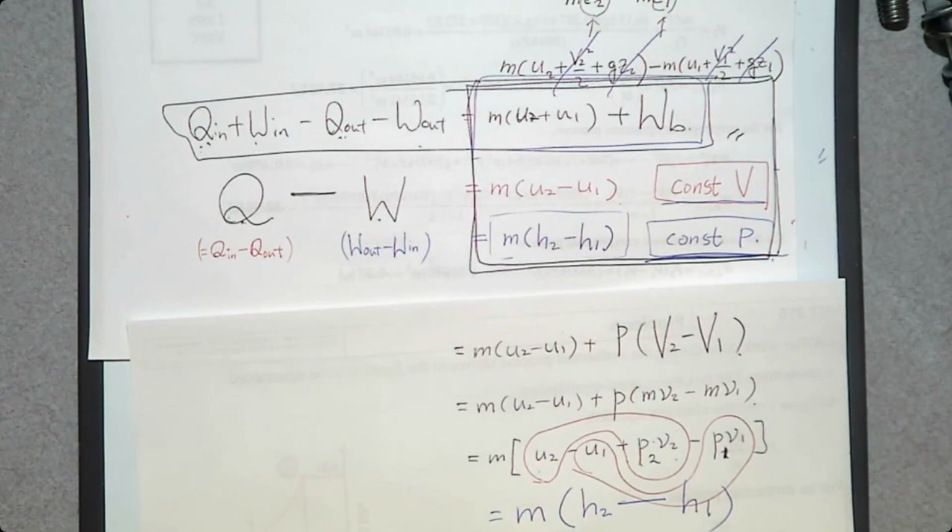You can use either of them. No problem. If you want to specify whether it is incoming transfer or outgoing transfer, you can use this one. Or if I want to combine, to save ink in my pen, then you can use the second one. Okay. So that's everything about the energy balance equation in chapter 3.